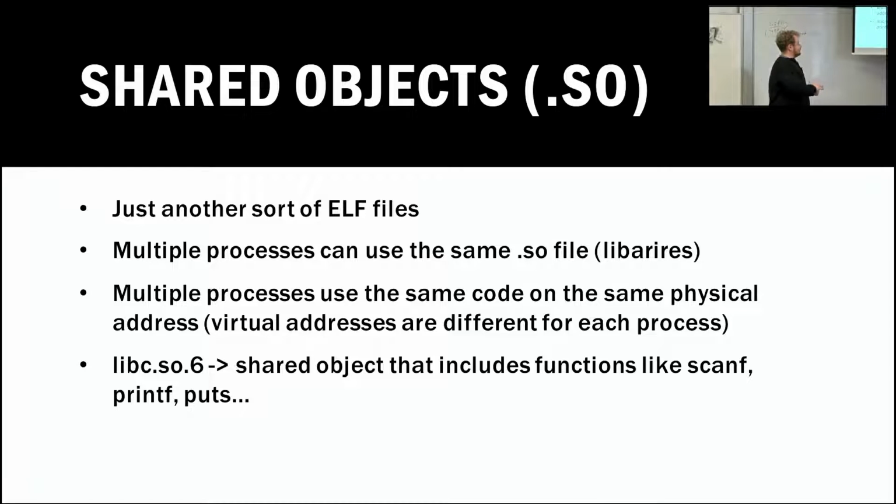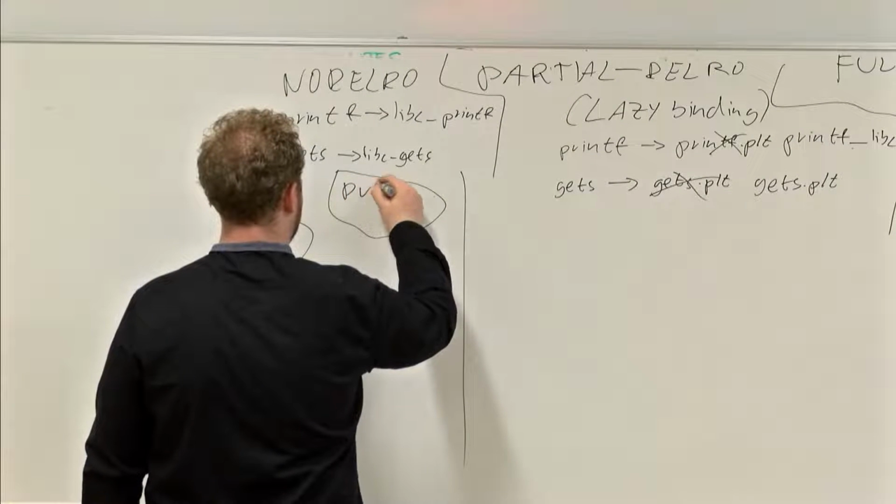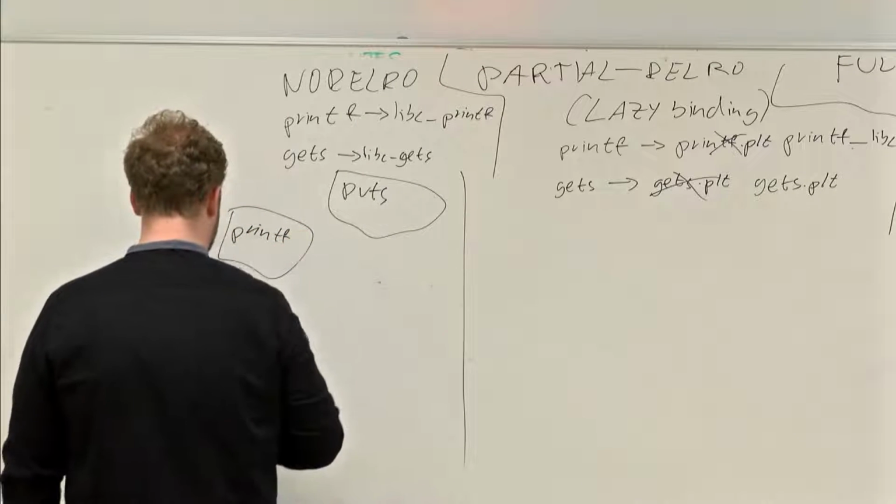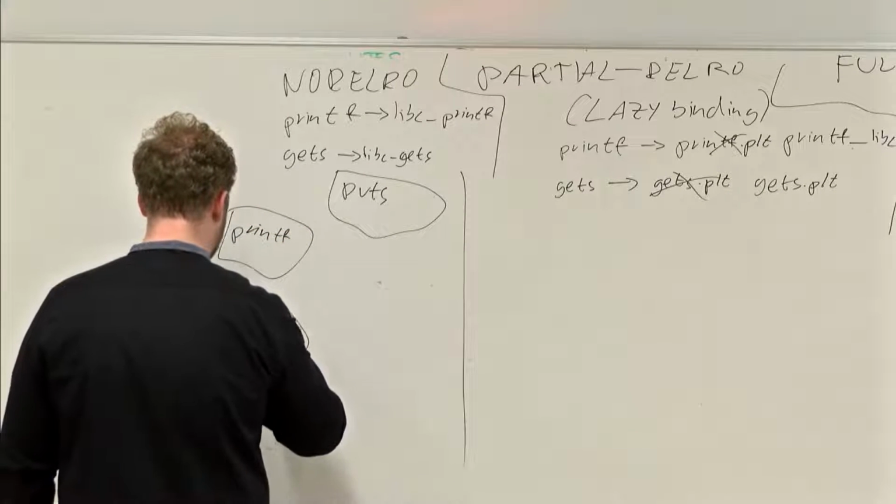But in essence, how it works is you have multiple programs, processes. Let's present them with some nice squares or whatever these are. And then this guy wants puts, this guy wants printf, and this guy wants scanf.